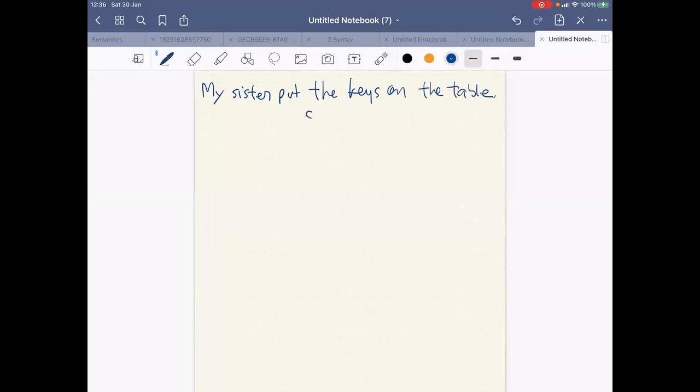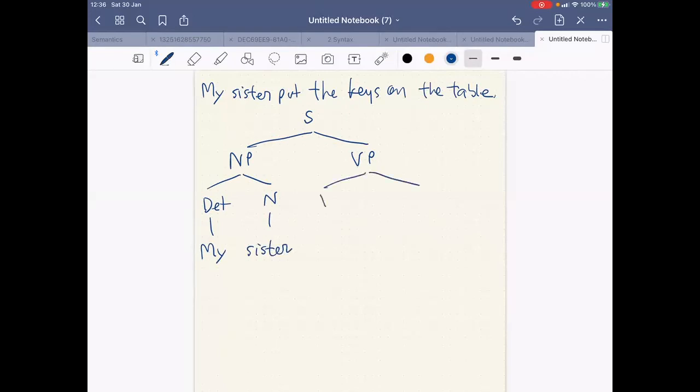All right, so we have S here, NP and VP. The NP, we have determiner and noun, my and sister. For the VP, we will have VP for put the keys, and the PP for on the table.